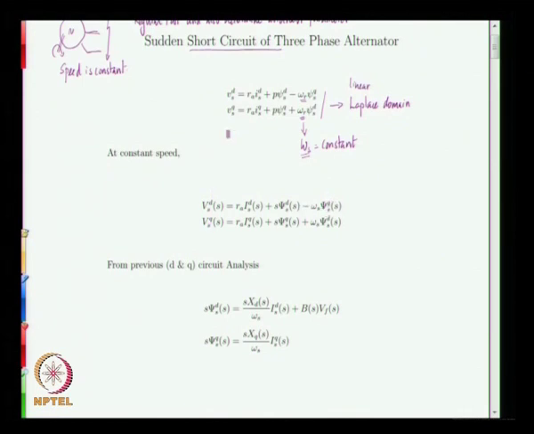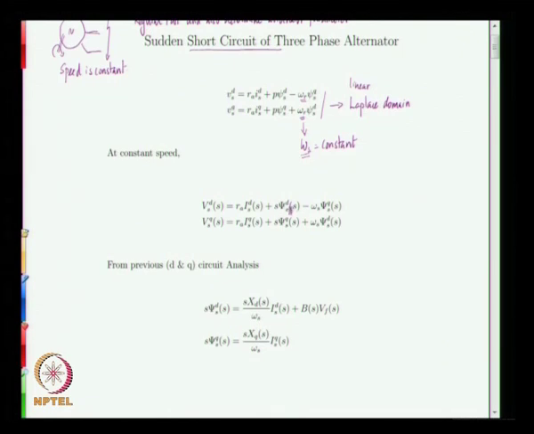And Vq becomes a Laplace transform: Ra into Iq as a function of s, this is the Laplace transform of the quadrature axis current, then s times psi q of s plus omega s into psi d of s. So, this is the Laplace transformed representation or form of the d and q axis equations.